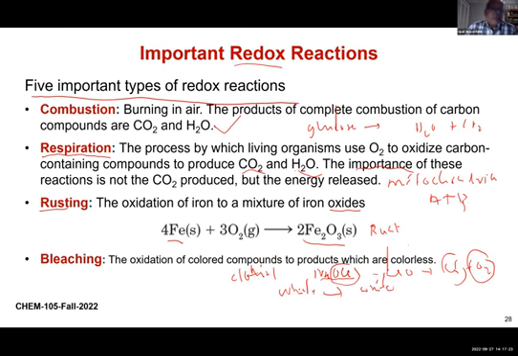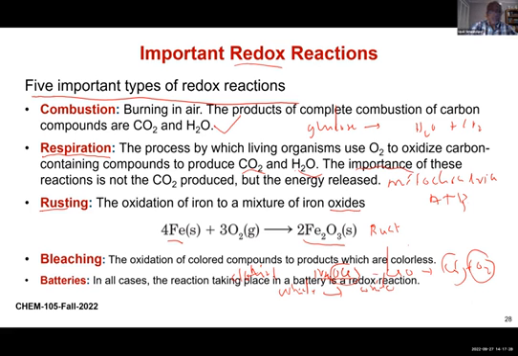So these are four important redox reactions. The last one I talked about: when you make an electrochemical cell like a voltaic cell out of a redox reaction, it could be used to get electricity to power lights, to heat.